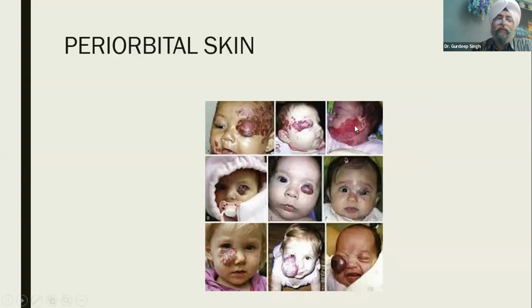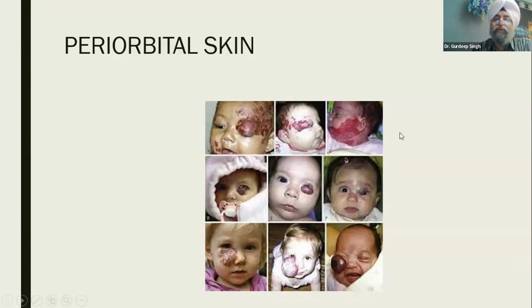The second is that it has many associations which our pediatric colleagues need to rule out. There are different kinds of syndromes associated with it, which I'm not going into detail of, like Kasabach-Merritt, which involves microangiopathic hemolytic anemia, or Maffucci, or whatever the syndrome is, that need to be ruled out in situations like this.